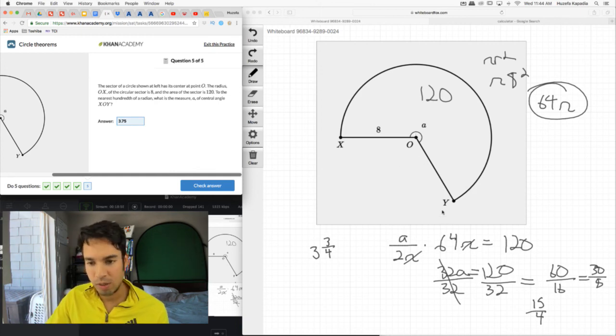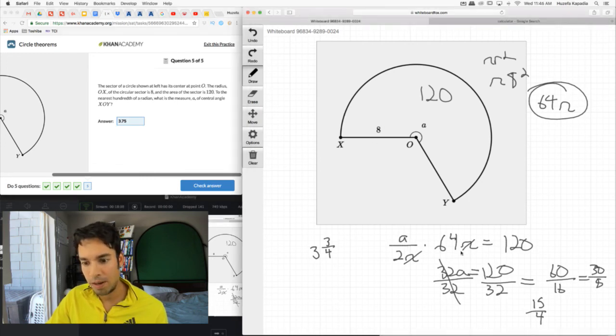So let me check my numbers really quickly to make sure I did this correctly. So 64 pi times A over 2 pi equals 120. We know that's correct. So the radius OX of the circular sector is 8. Yeah, okay. So then it's 32A. So it's 120 divided by 32. Let's just try the original thing here.